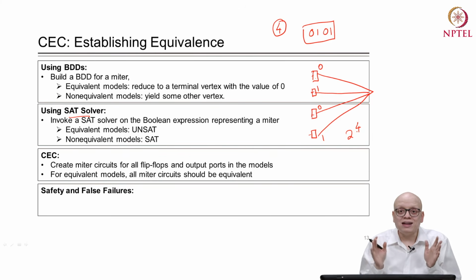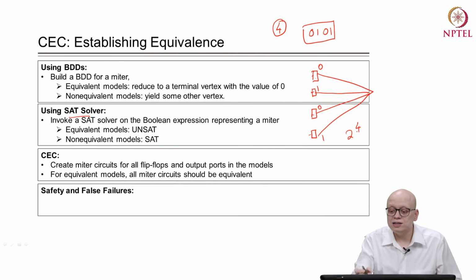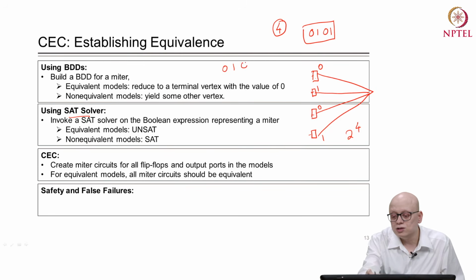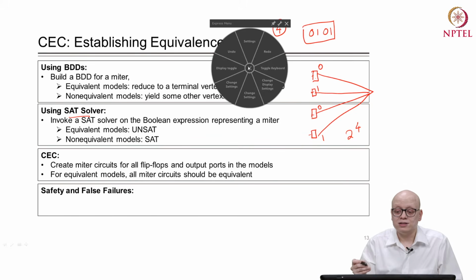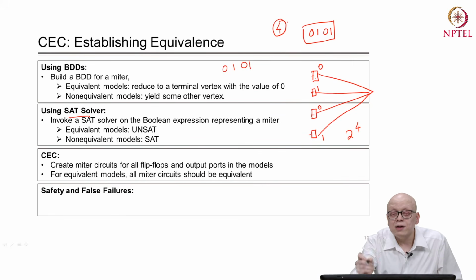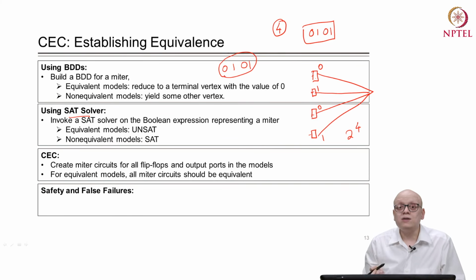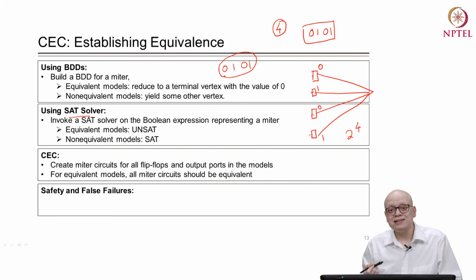But what actually happens in a circuit is that these flip-flops are elements of a finite state machine, and it may be possible that the state 0, 1, 0, 1 is never reached in our FSM, and therefore, this failing pattern which was discovered by the combinational equivalence checking tool will never exist or never come in our circuit.